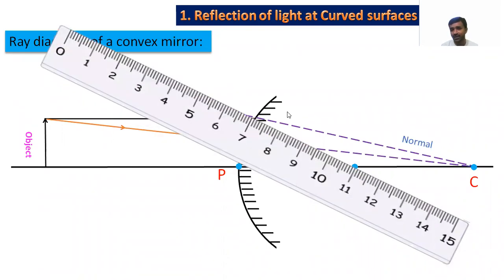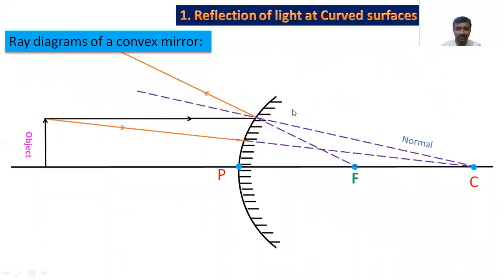That's why I joined the point of incidence and the focus with the scale. Then draw the reflected light ray. According to rule 1, I joined that ray in the backward direction with the focus. Then the next ray retraces its path.